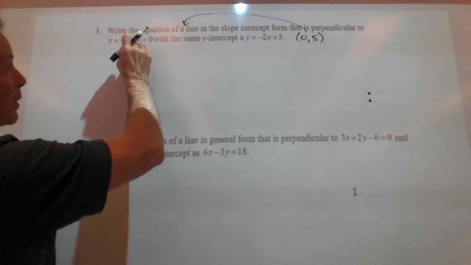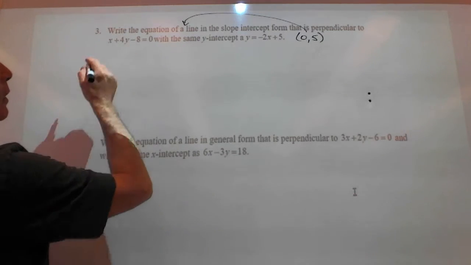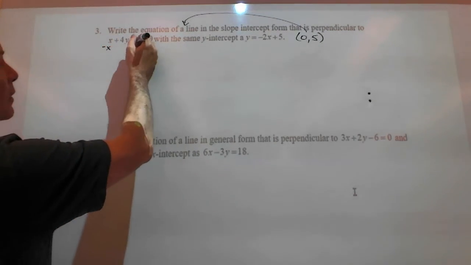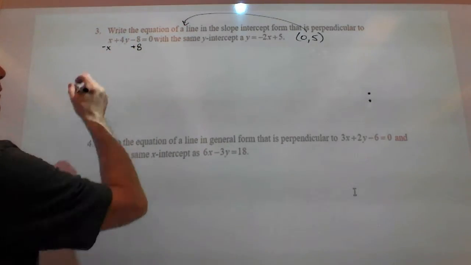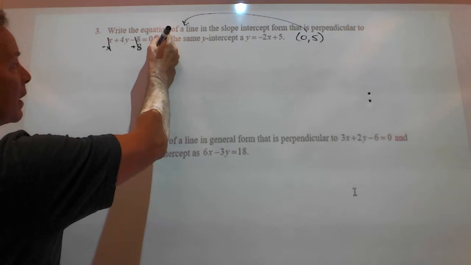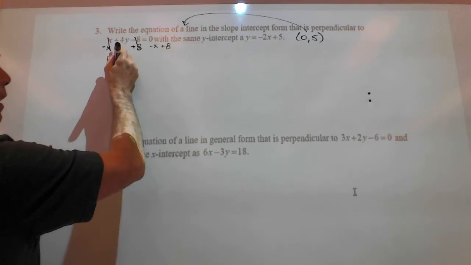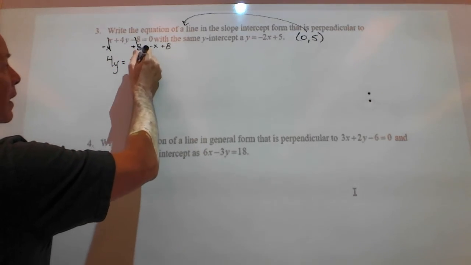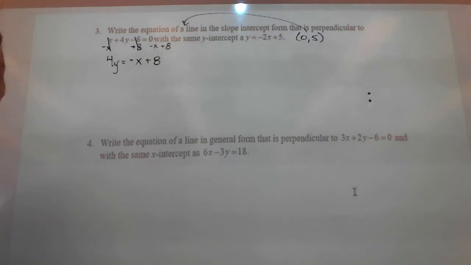So let's put this one in slope-intercept form. That means we're going to isolate y. So we have to take away x, we have to add 8 to get this by itself, cancel, cancel, take away x, add 8 to the other side, and that gives us 4y equals negative x plus 8.